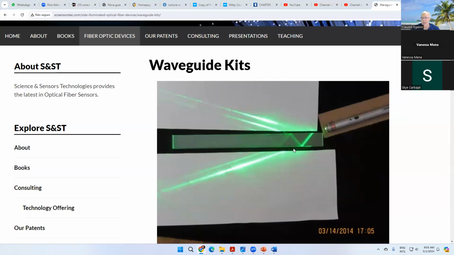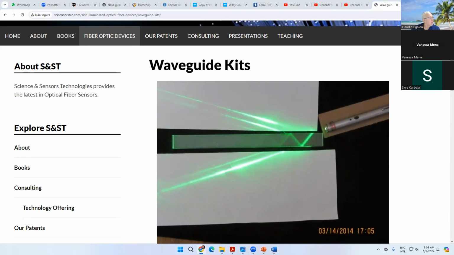And when the light ray escapes the rod, instead of following this straight line here, it's bent away. So the theta of refraction from a medium of higher refractive index to a medium of lower refractive index, the angle of refraction is greater than the angle of incidence.